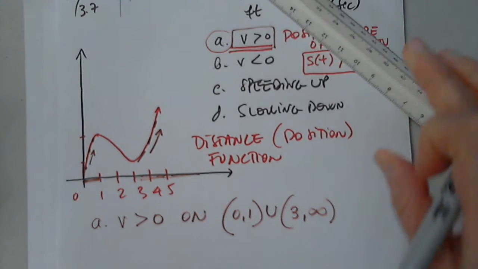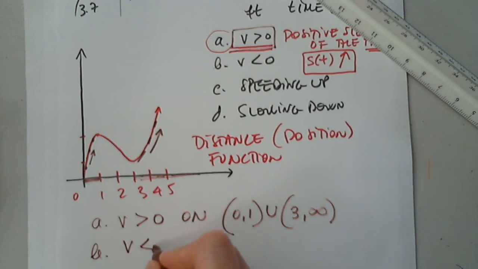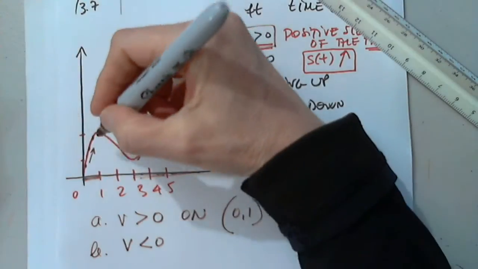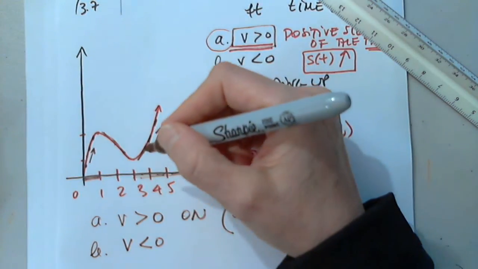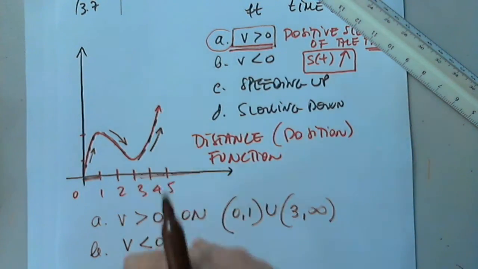I need my ruler handy here. Okay. Velocity negative. Okay, when the slope is negative. So here the slope is negative, here the slope is negative, here the slope is negative, and that's it. Here it's positive, so the function is decreasing.